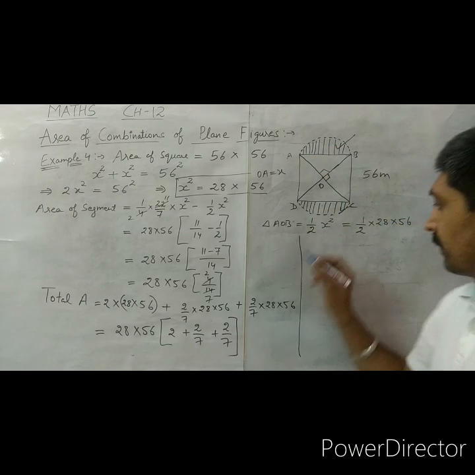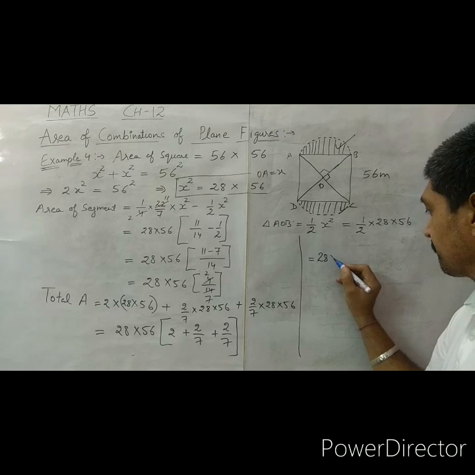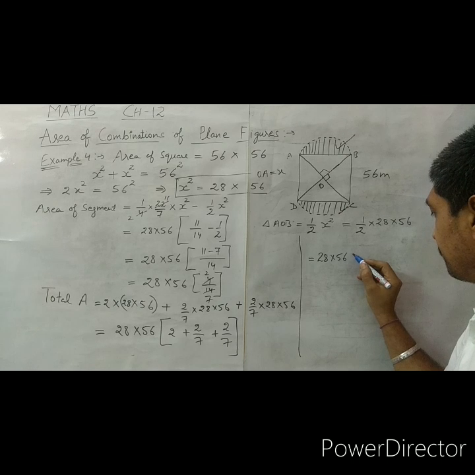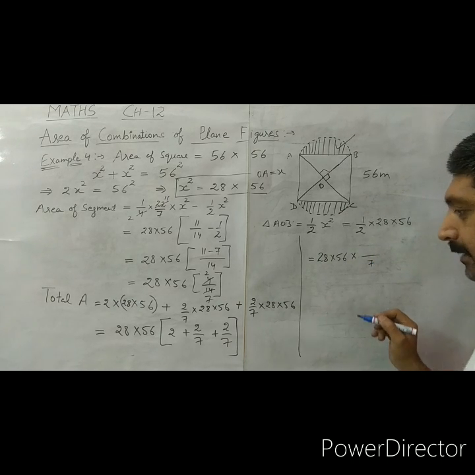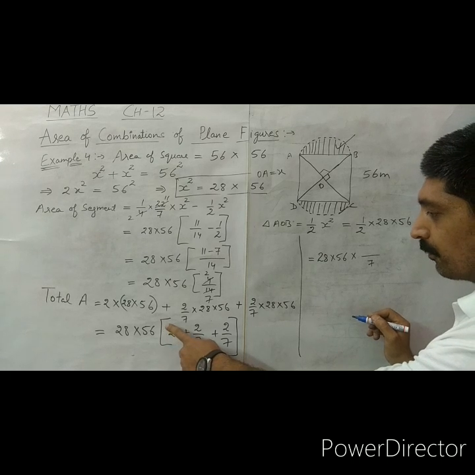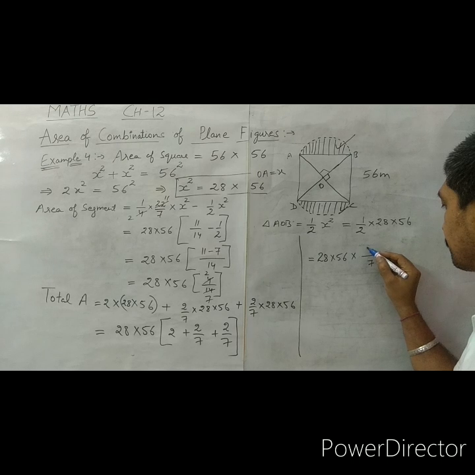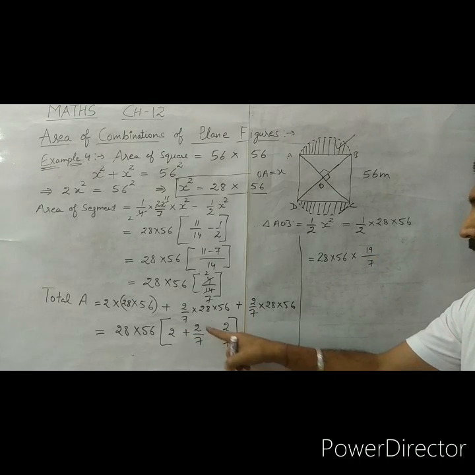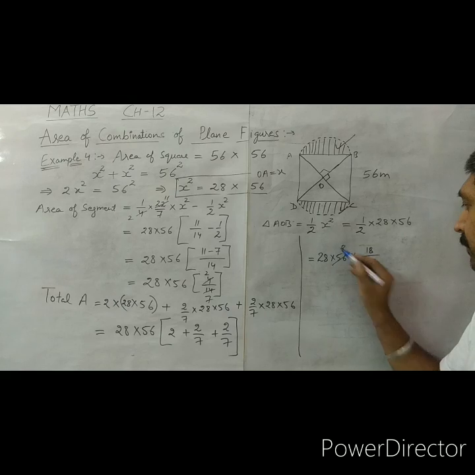So this is further equal to 28 into 56 multiplied by, when we go for the LCM, here LCM is 7. 7 twos are 14, 14 plus 4 is 18. 7 ones are 7, 7 eights are 56.